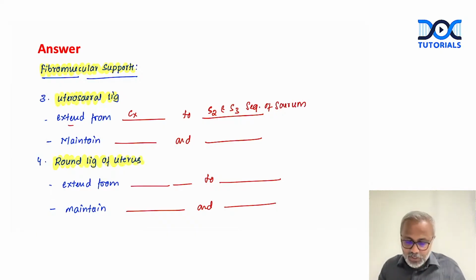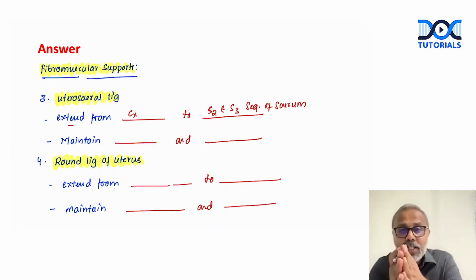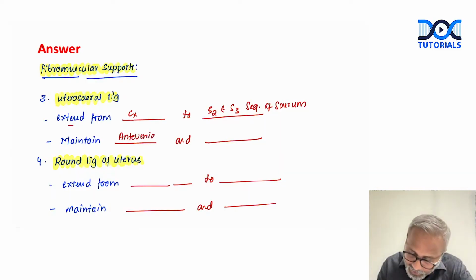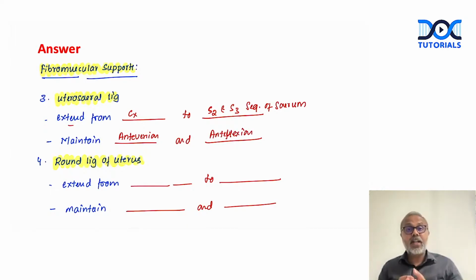Now, how do the uterosacral ligament and round ligament actually prevent the prolapse of the uterus? The uterosacral ligament maintains anteversion and anteflexion. They exert a pull on the cervix, thereby maintaining anteversion and anteflexion.